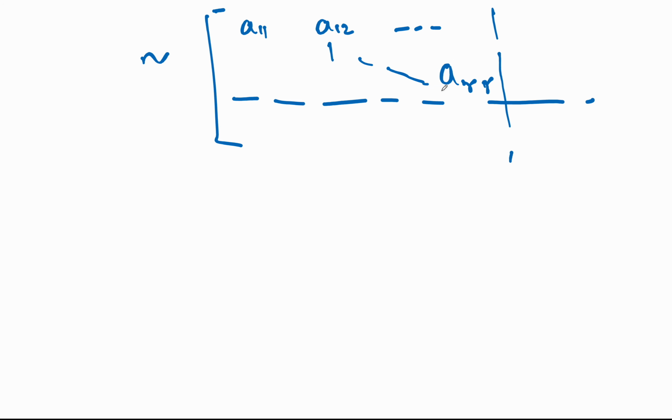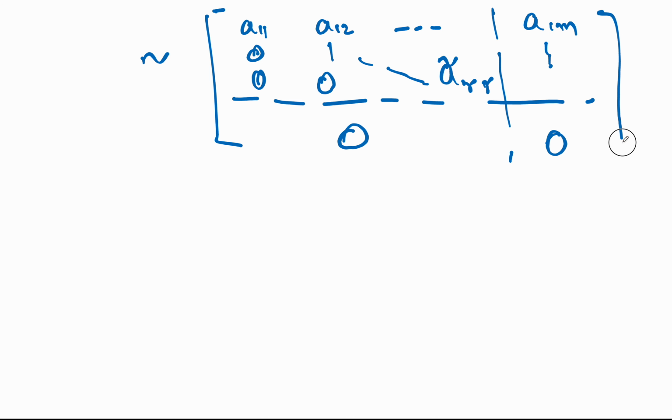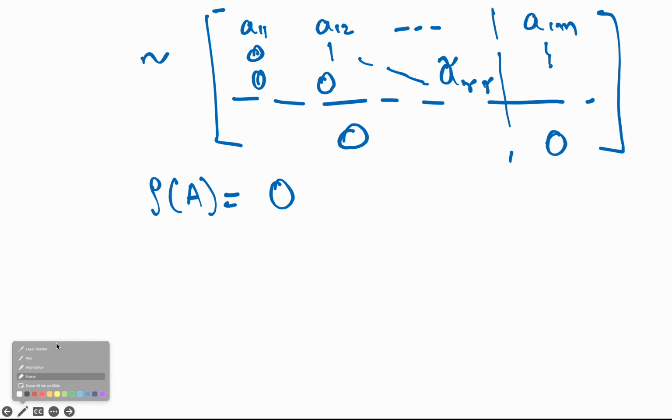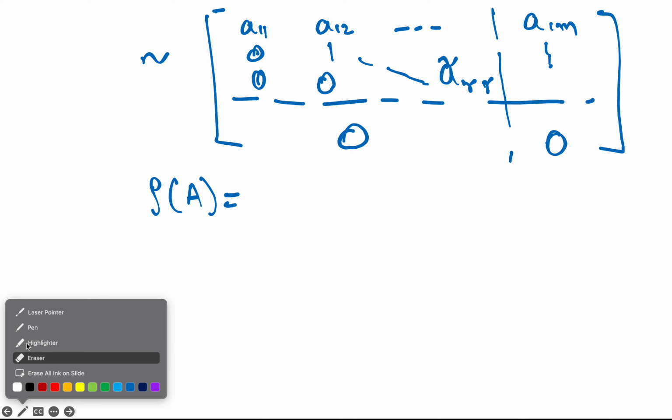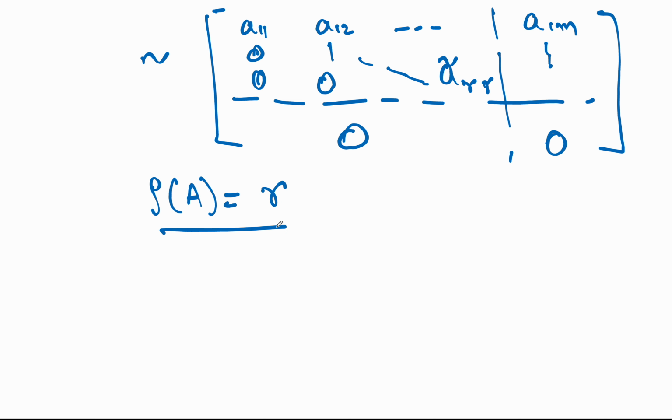This also we'll say tilde, because we might have modified it during this process. 0 0, this is A1m, and so on. So the rank of A is r.